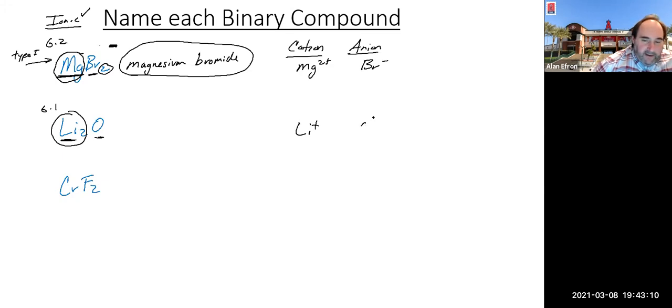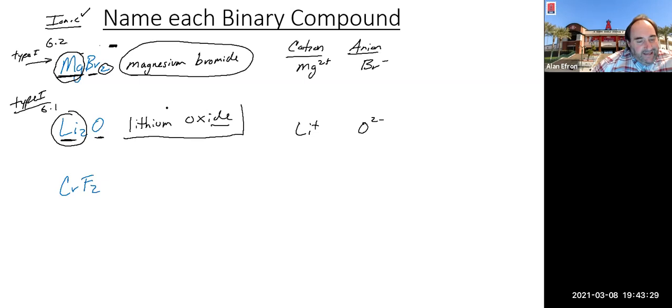Oxygen is a -2, but it really is the lithium that's most important because, again, that's going to tell us it is type 1 in this case. And because it's type 1, again, don't have to worry about anything other than using the whole name for the metal. And remember, our non-metal, drop the last part and we get the IDE at the end of it, and we get lithium oxide in this particular case. Any questions on that one?